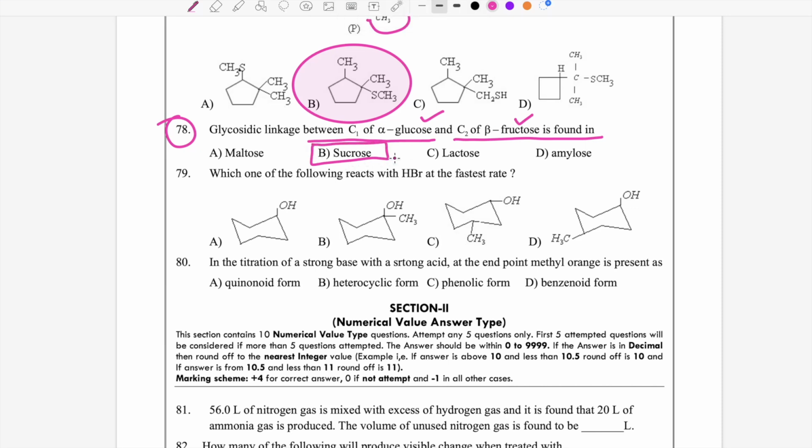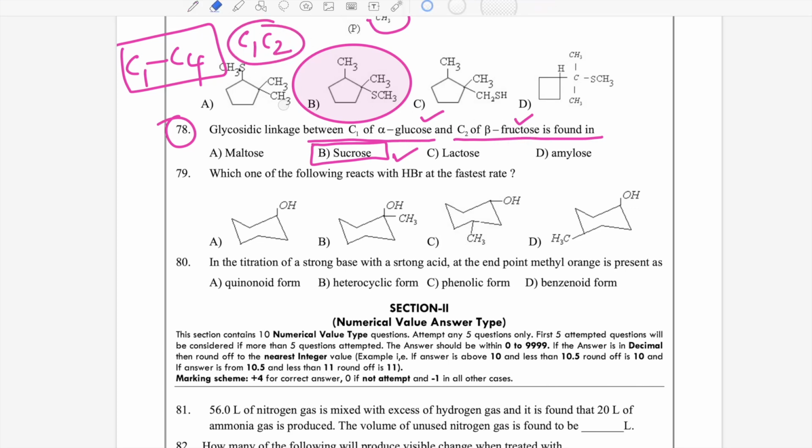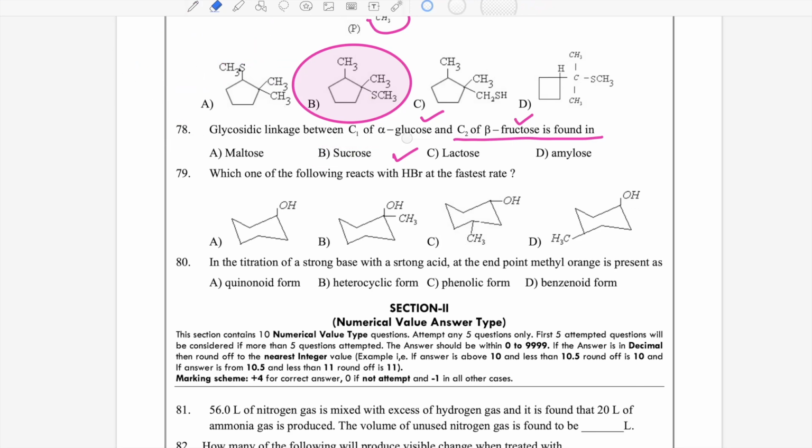Glucose and fructose together make sucrose, right? Except for sucrose, C1, C4 linkages are found in all disaccharides, but only sucrose has a C1, C2 linkage between glucose and fructose. So the question itself has the answer because it names the monosaccharides, glucose and fructose. Obviously it is sucrose, right? Maltose, lactose, amylose. Amylose is a polysaccharide.